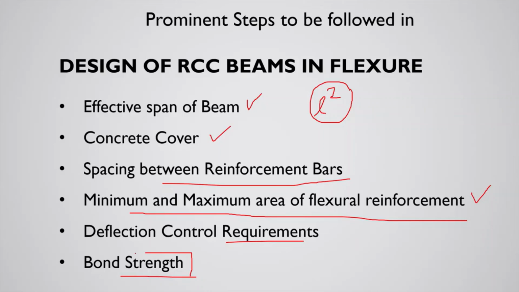So in today's lecture we are going to discuss these four parameters, that means how to work out all these four parameters in the light of the information available in IS 456, and later on lecture 11 will be devoted to deflection control requirement, bond strength, and some other information.